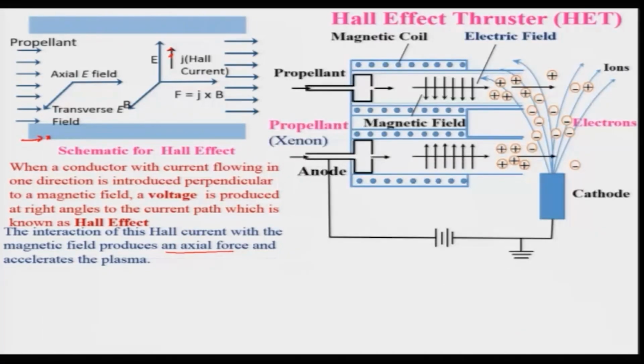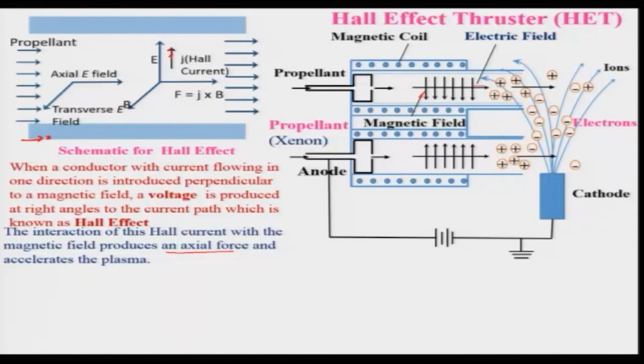So, let us look at a typical Hall effect thruster, in which there is an anode and also a cathode, and high voltage is being utilized. This is the annular channel through which the propellant is passing. Generally xenon is preferred, as I had mentioned earlier, and this is your magnetic field acting over here, and this is your electric field.